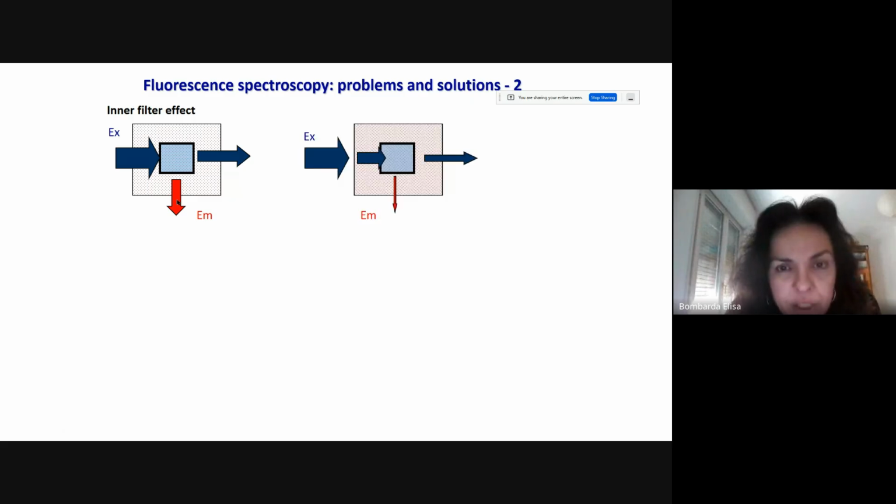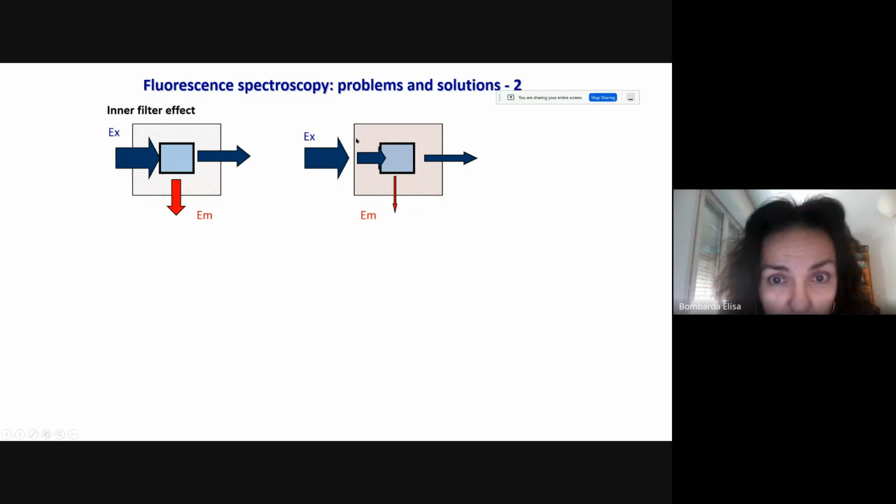Let's take a much more concentrated solution. You see the excitation intensity is the same, but the effective intensity that reaches the center of the cuvette, where the molecules whose signal is detected are, is much less. Why?